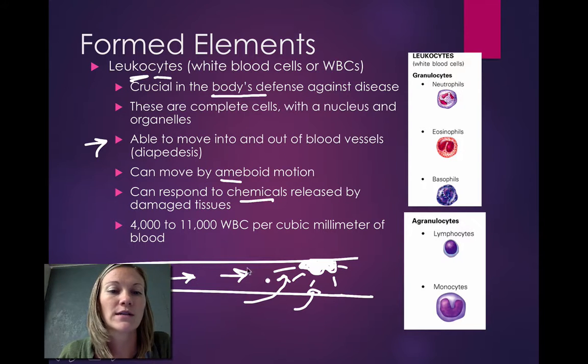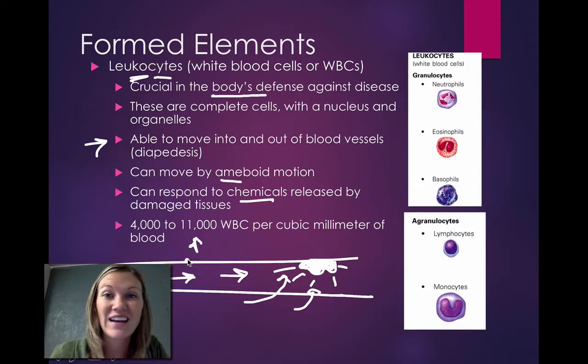It's going to help out. There are between 4,000 and 11,000 white blood cells per cubic millimeter of blood, but those numbers are going to increase based on whether you're fighting an infection, whether you're sick, those kinds of things, or they'll be decreased if you are having a hard time with your immunity. So maybe you have HIV. Those white blood cell counts might be reduced long term.